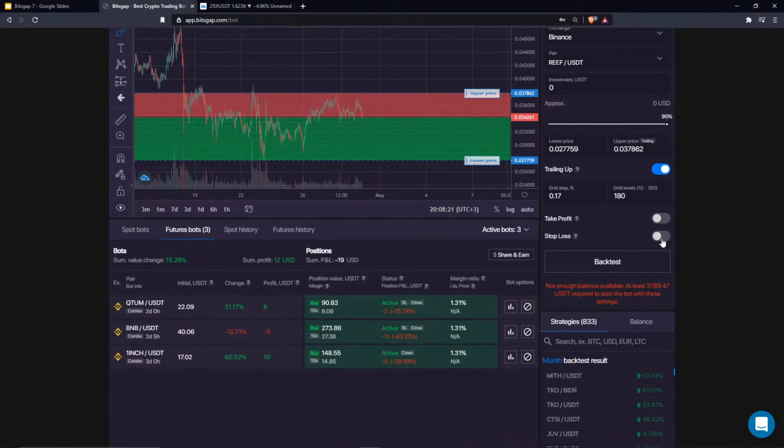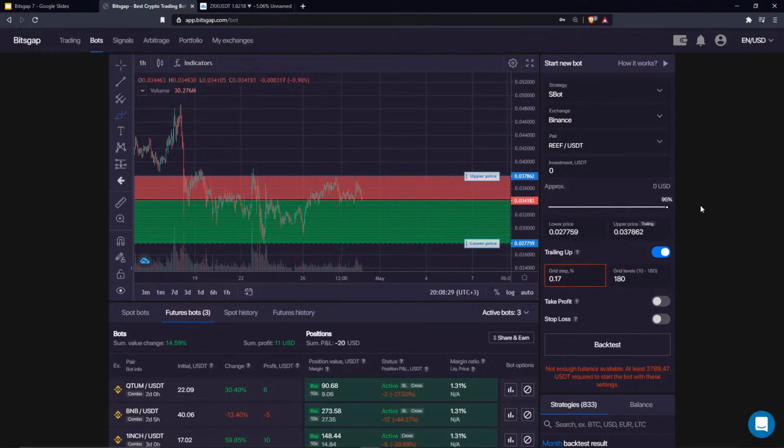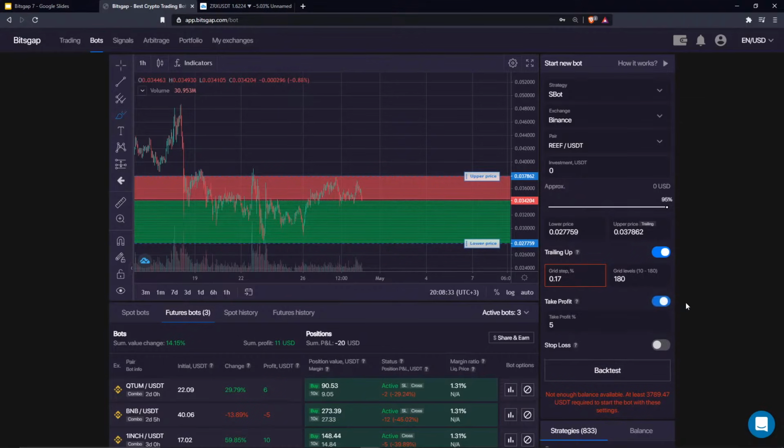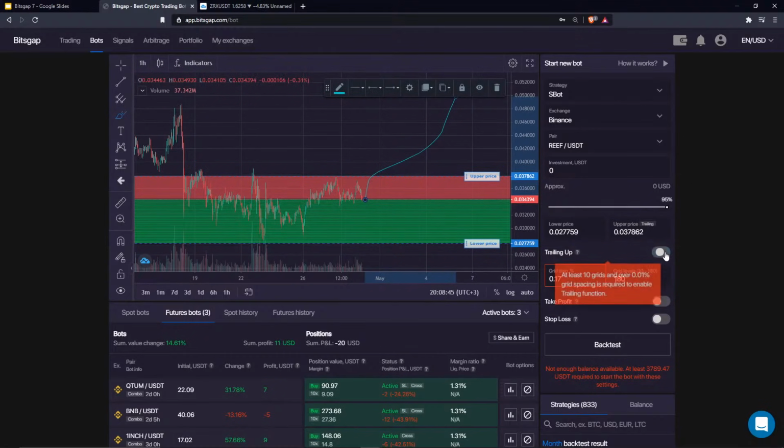and yeah, I highly urge you to use the stop loss for the SBot, for the classic bot, and especially for the Combobot. Okay, in order to secure your returns, make sure to use the take profit to maximize your returns, and to make sure you are always in the market in case the price goes higher, use the trailing up.